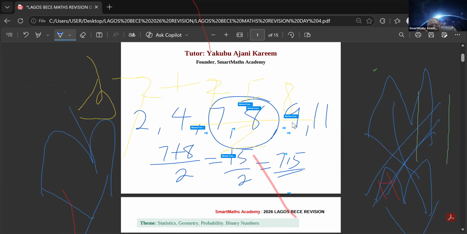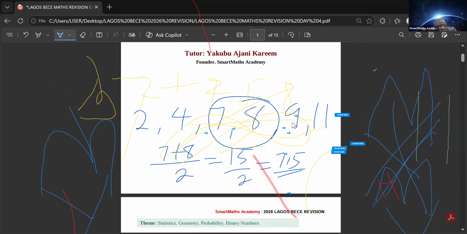Let's go to the next question. A set of numbers 1, 3, 4, 6, 9, 64, 67 were picked from a raffle draw. What is the chance of picking a perfect square in the set of numbers? Now, there are two things here. The examiner is testing two things.